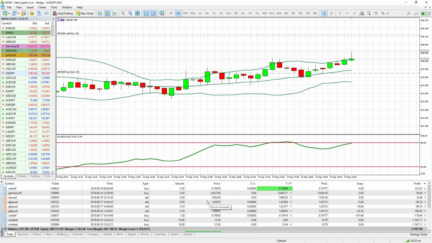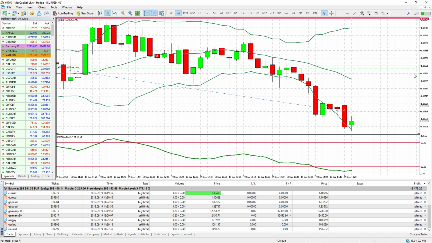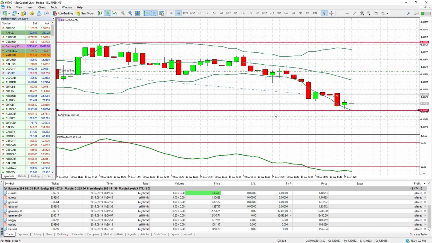So let us check Euro USD. Okay, it's close to being opened. There is no need to change anything when it's done, because you would need to modify the position for the buy limit one more time on the 80 points. So just don't touch it and wait for the result.